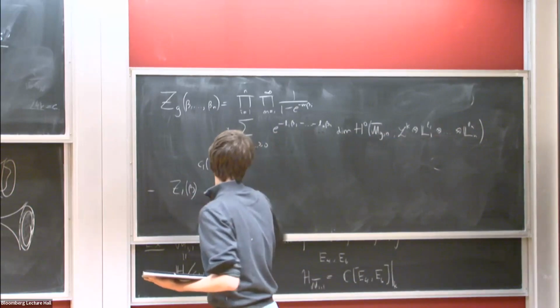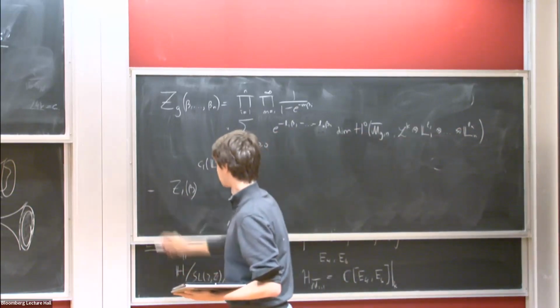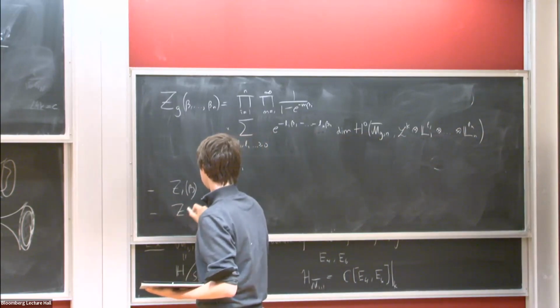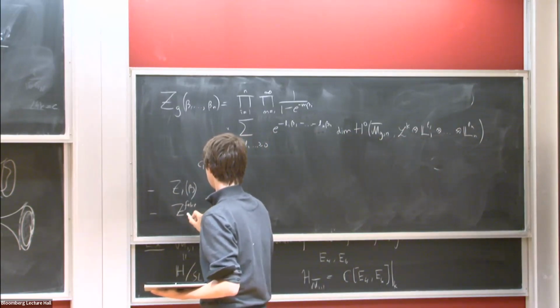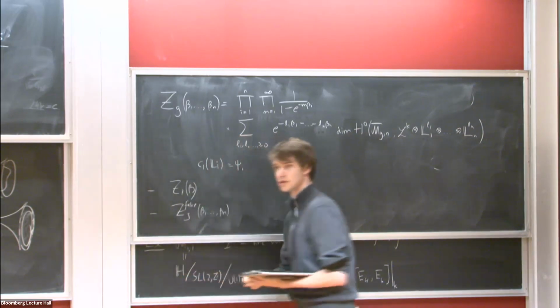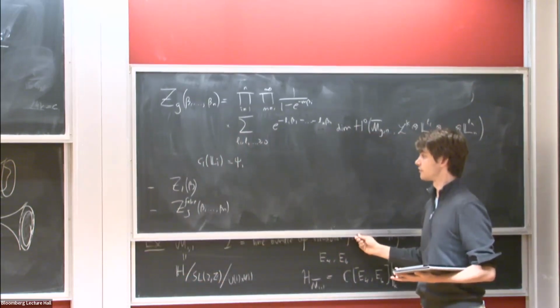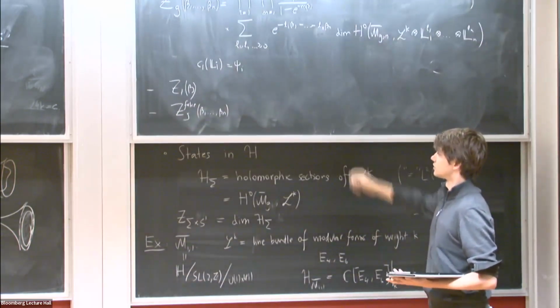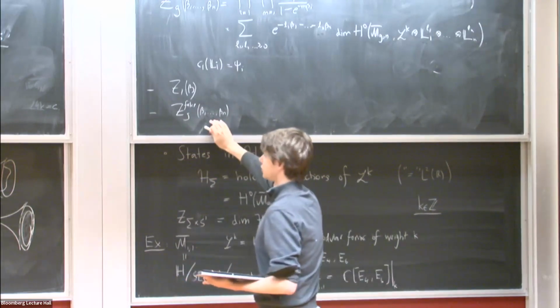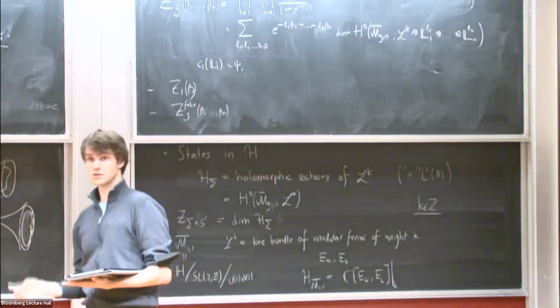But in general, I don't know how to compute these numbers of sections exactly. One thing that I do know is how to compute this fake partition function in general, which is this averaged notion of partition function. And that is relatively easy to compute because it boils down to computing integrals over MGN.